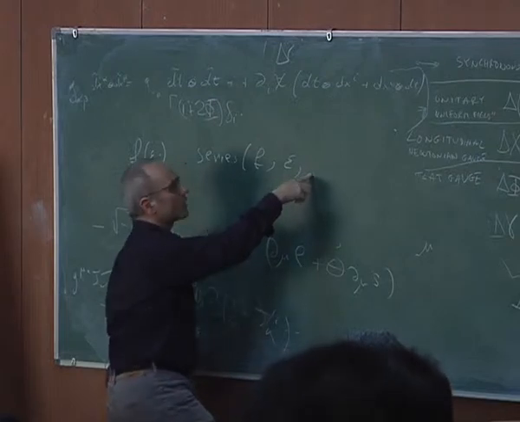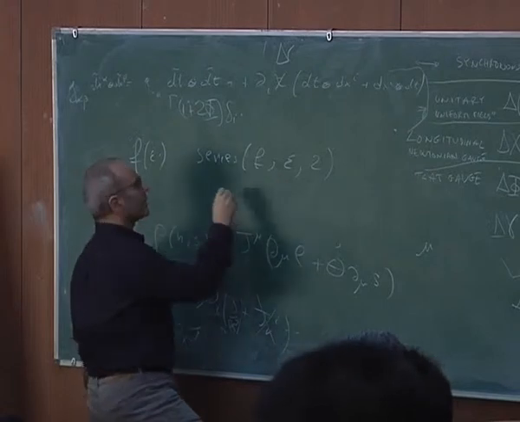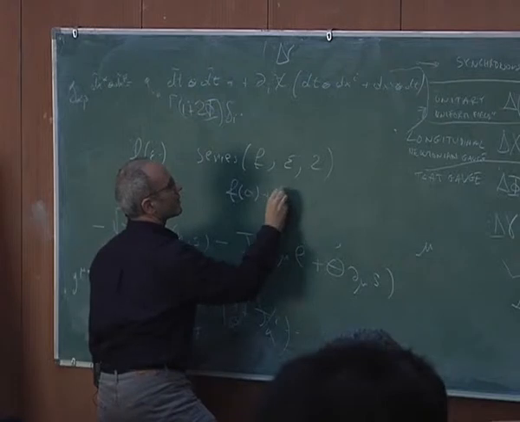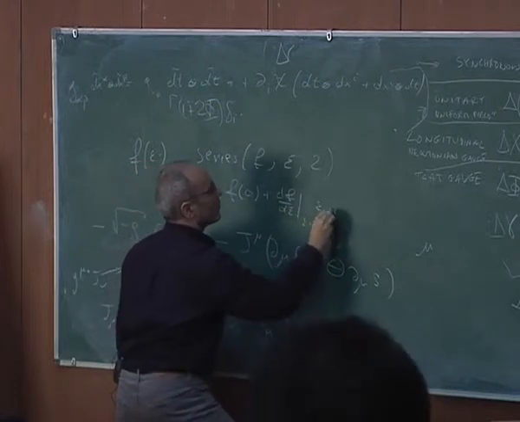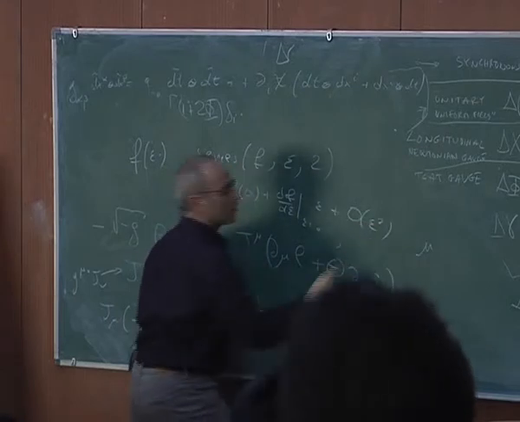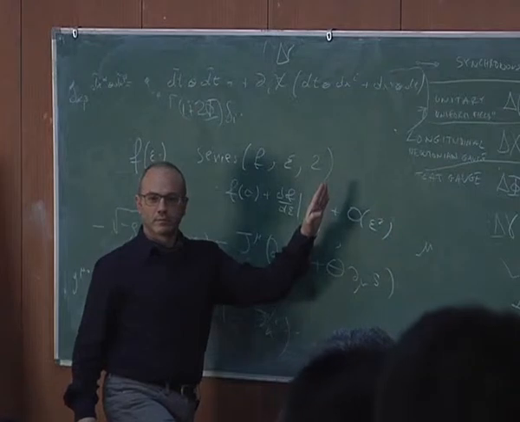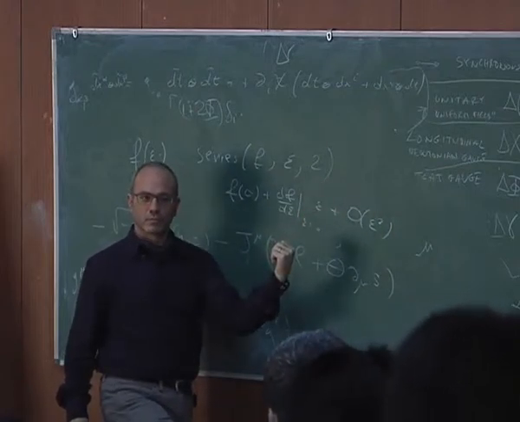For example, let me put 2. When I say 2, it means that Maple will do f of 0 plus df over d epsilon at 0 times epsilon plus order epsilon squared. So it will calculate up to this order here. So one order less. Okay?